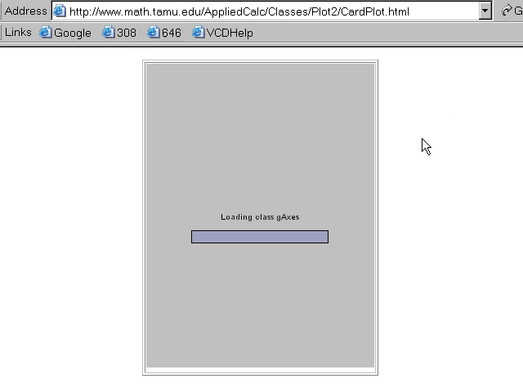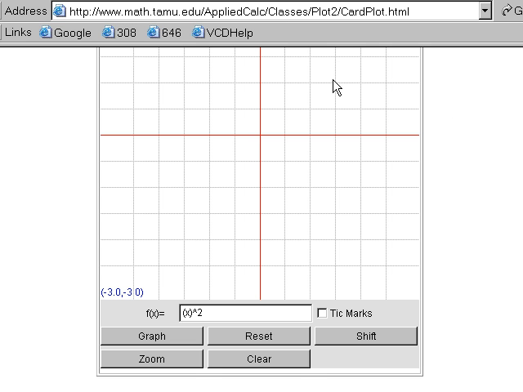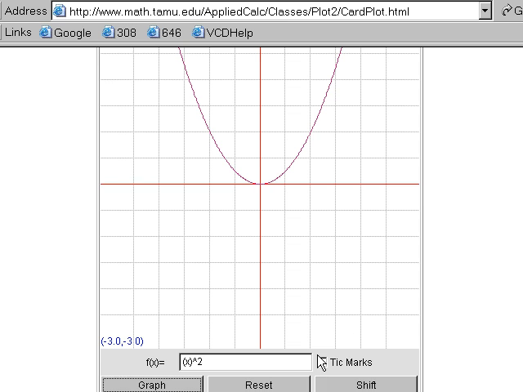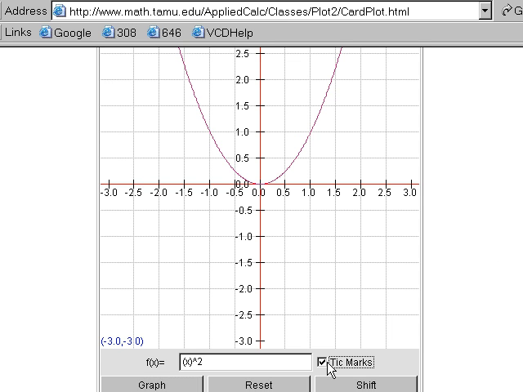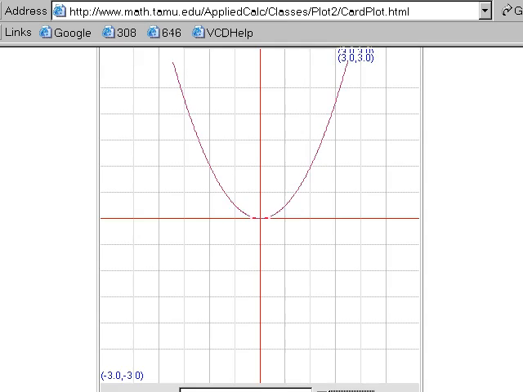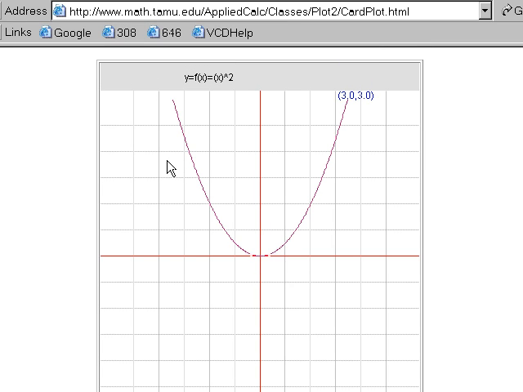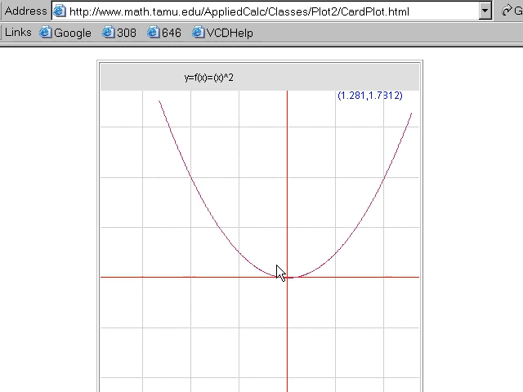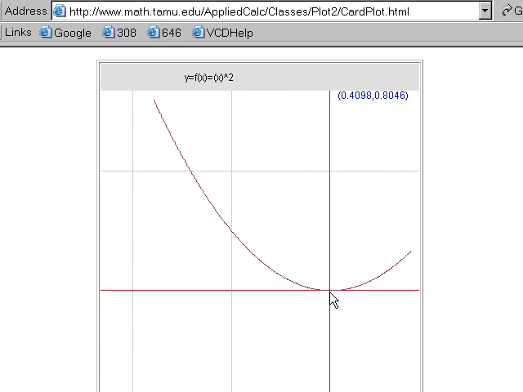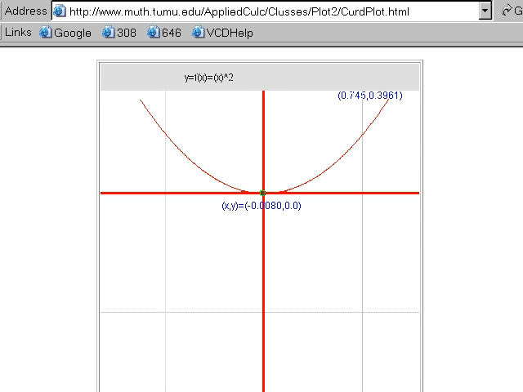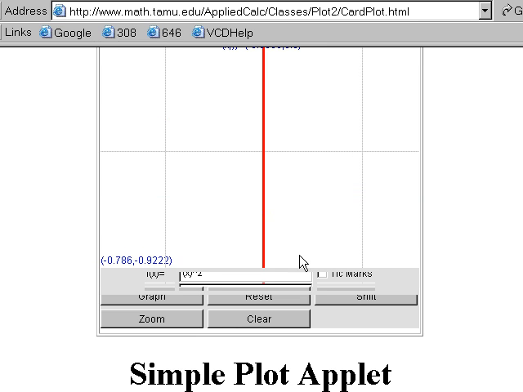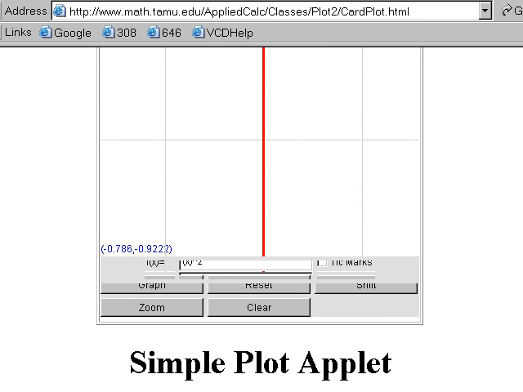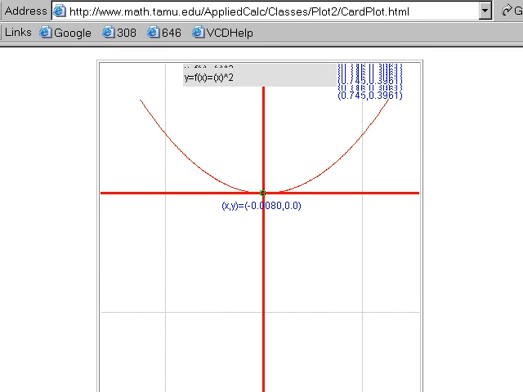In this particular application you can type a function in here and graph it. You even have the ability to put in tick marks or not if you want. The nice thing about this is that you can zoom in on a function or move the function around. So it has a general utility here. Well, here I've resized it.